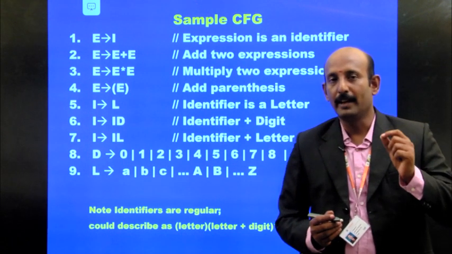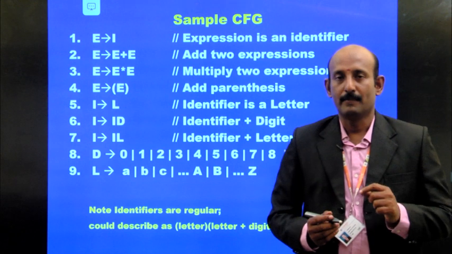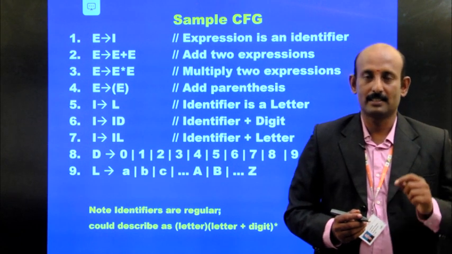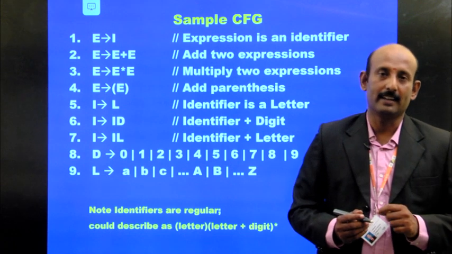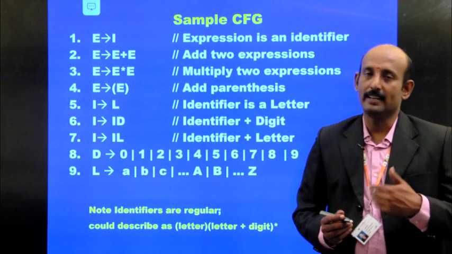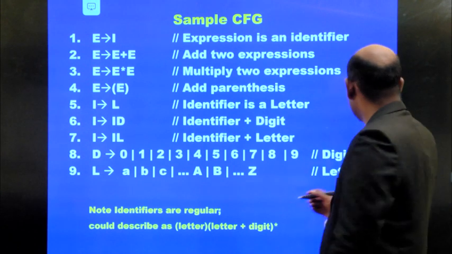The naming rule for an identifier is that the first symbol must be a letter, followed by letters or digits.